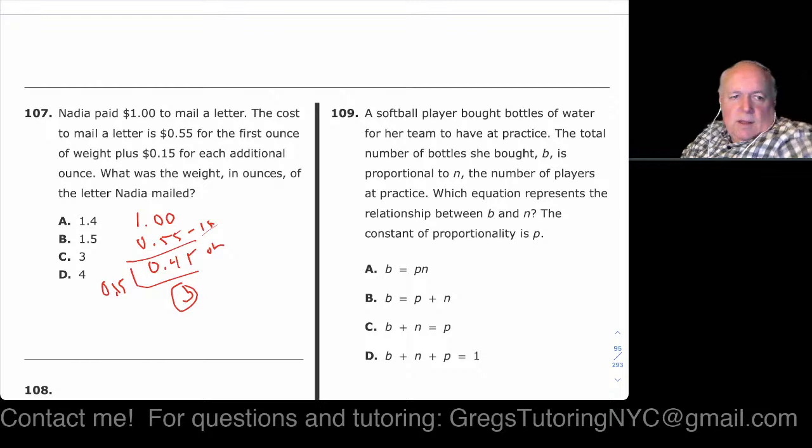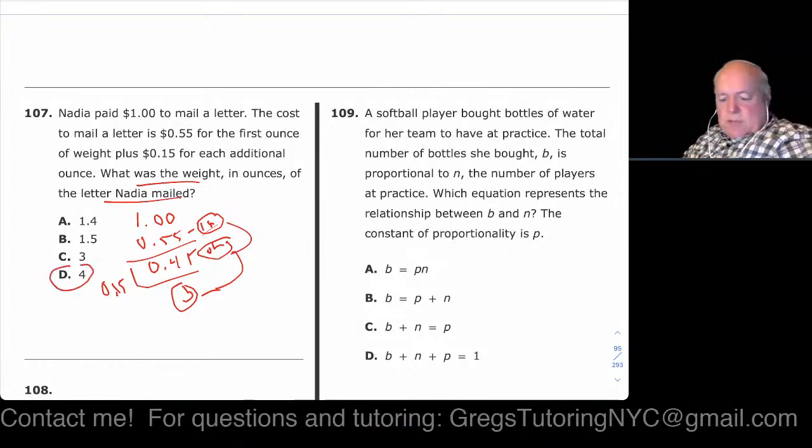Okay, but that says, what is the weight in ounces of the letter she mailed? This 3 was for the others, so she has 3 others plus the first ounce. So therefore the answer is 4. All right? So that's the way of doing it logically and kind of splitting down the algebra, if you will.